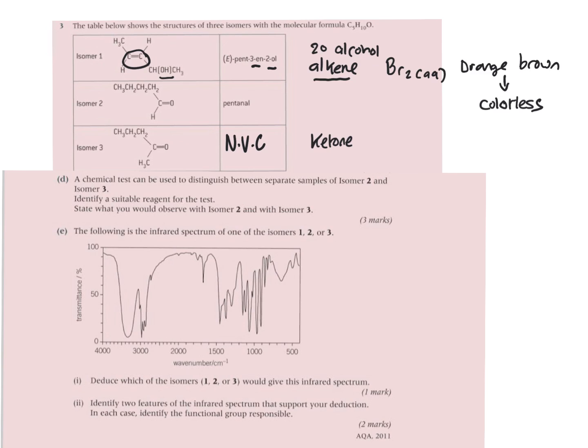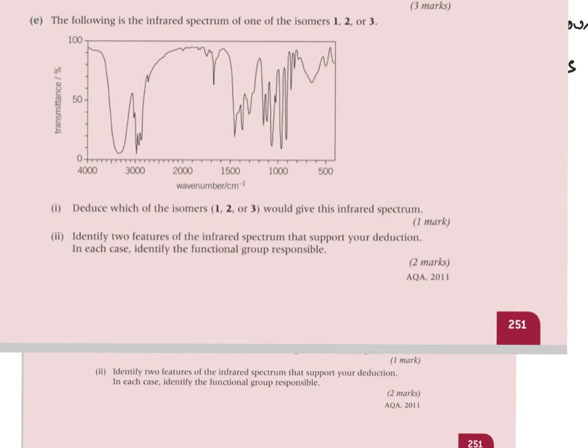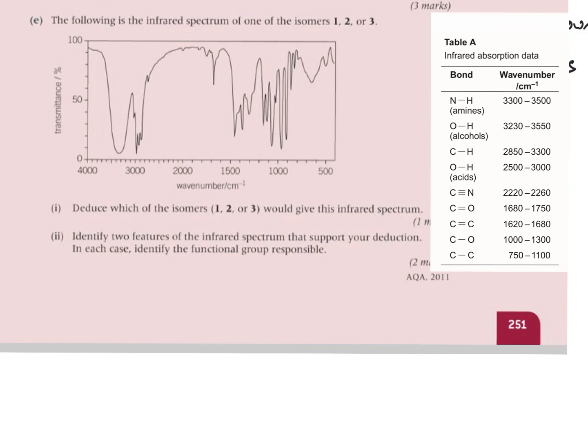So let's now look at the question which talks about infrared spectroscopy. To answer this question, we're going to need our data sheet. Immediately, we can eliminate the fact that it's an aldehyde or a ketone due to the absence of a peak at 1680 to 1750. There is no sharp peak here, which tells us that there is no carbonyl group.